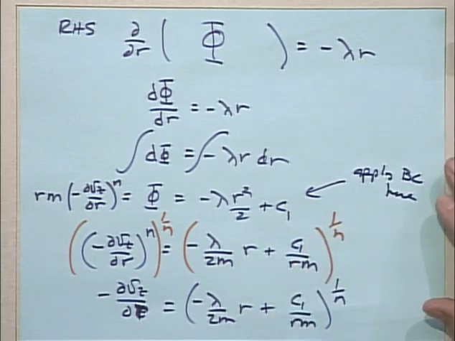So from here on, it's just calculus, which I'll leave to you. So at the end of the day, as I showed you at the end of class, this is the solution. It's in the class notes for the velocity profile in pressure-driven flow for a power law fluid.